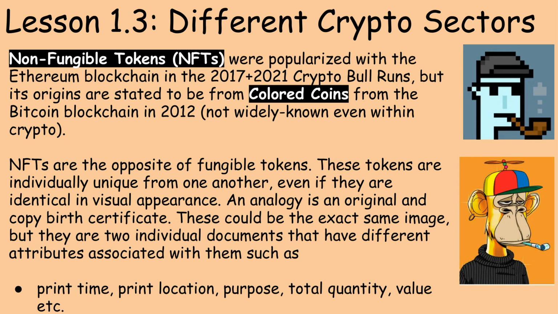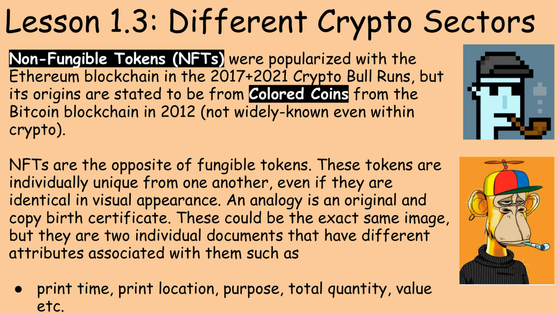Non-fungible tokens, NFTs, were popularized with the Ethereum blockchain in the 2017 and 2021 crypto bull runs, but their origins are stated to be from colored coins on the Bitcoin blockchain all the way back in 2012, which isn't even widely known within the crypto industry.